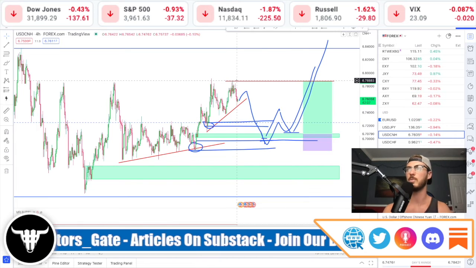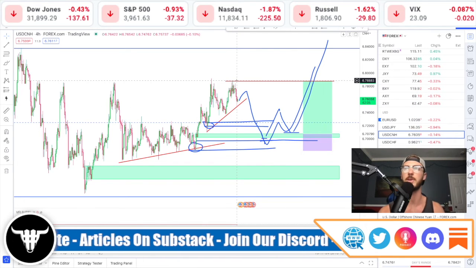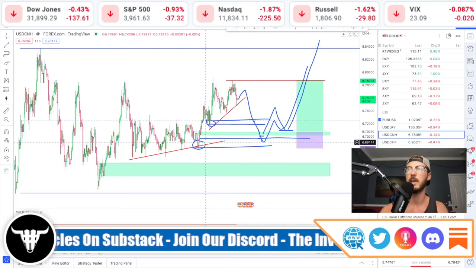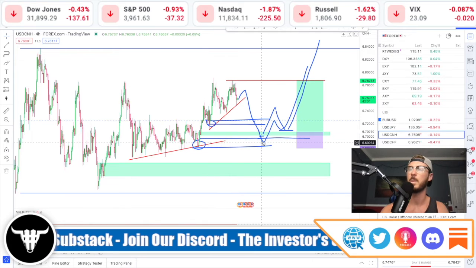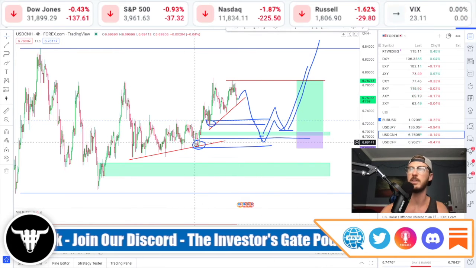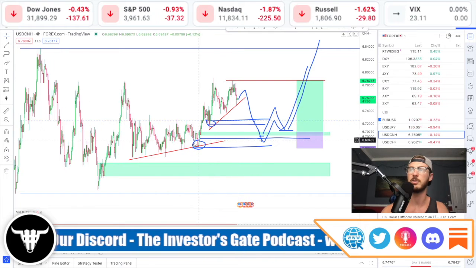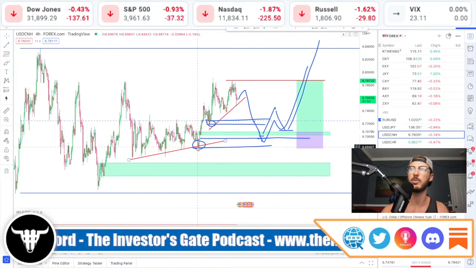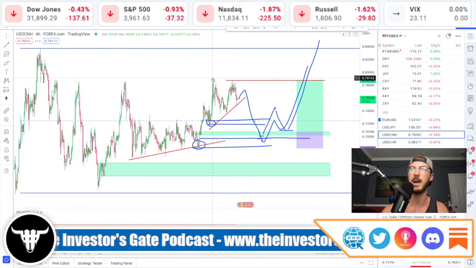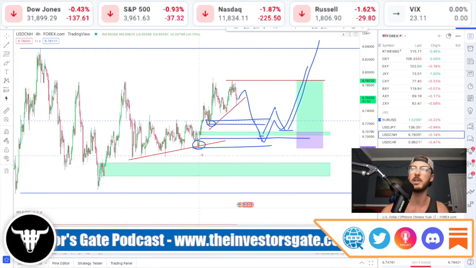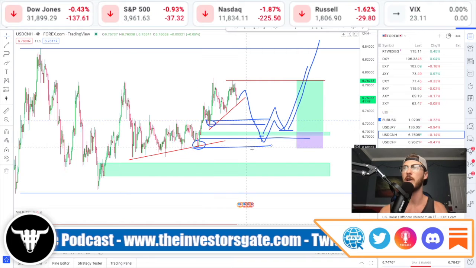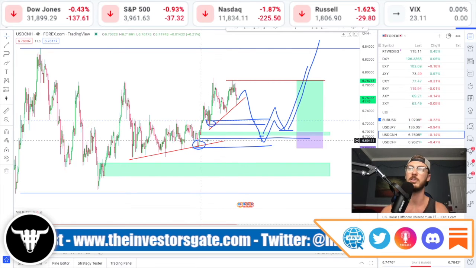Because if you're playing just a structure-based move and you make a higher low based off of this, price comes down, still playing off this low where this impulse, this break of structure, this high originated. So this is the low we want to base our entries off of, or our demand zones.